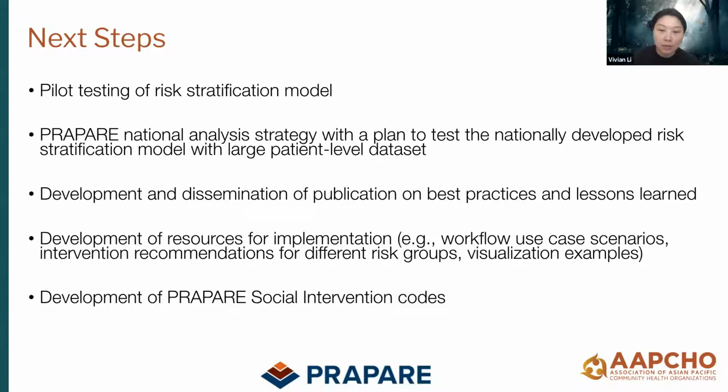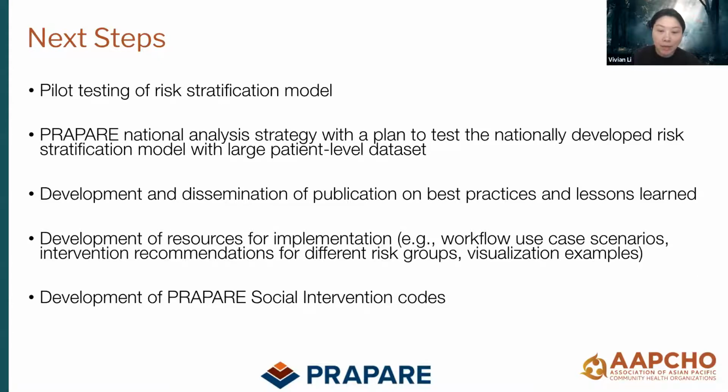We're working on some publications on best practices and lessons learned, as well as developing resources to help with the risk stratification model implementation, such as workflow use case scenarios, intervention recommendations for different risk groups, and visualization examples.